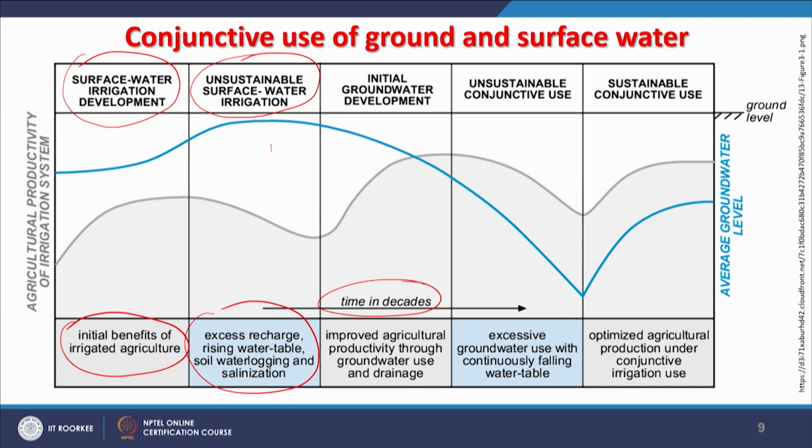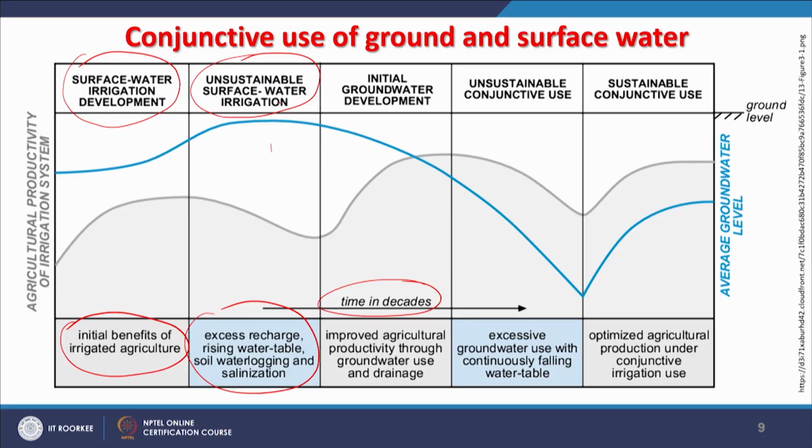So, whatever fertilizers and other salts are put, the water evaporates and the salts are left on the surface, and that becomes a crust on the surface of a few millimeters or maybe a centimeter, and the entire land becomes unusable from an agriculture point of view. So, if we depend only on surface water, this is what happens. But when we go for groundwater development, meaning exploiting groundwater, then the water table goes down, and your surface water will come up in that sense.